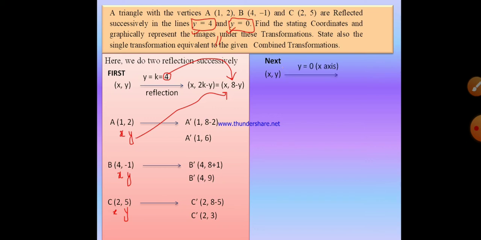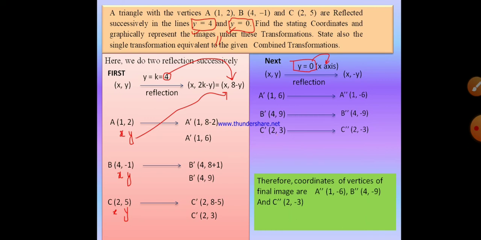The next step is reflection on y equals 0, that is the x-axis, and the formula is (x, minus y), because in the x-axis there is a change in the y coordinate. Accordingly, from A dash we get A double dash, B double dash, C double dash, and these are the final images.